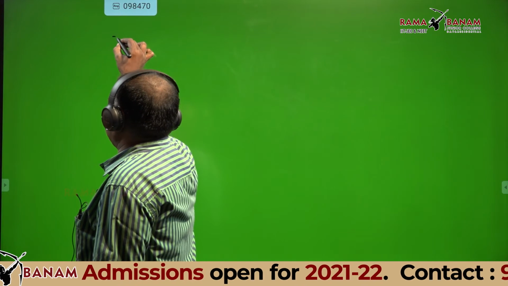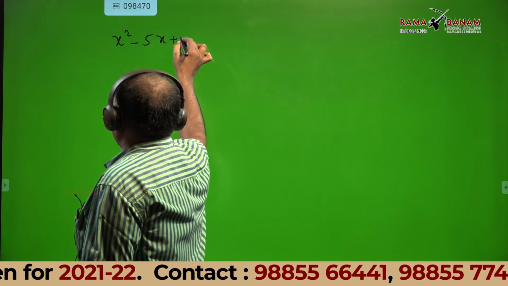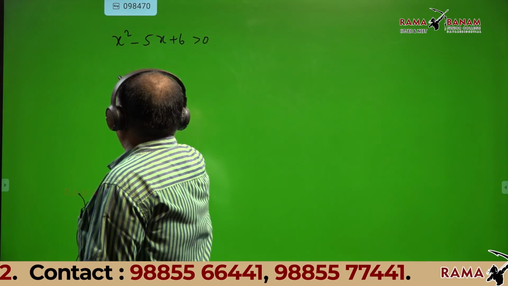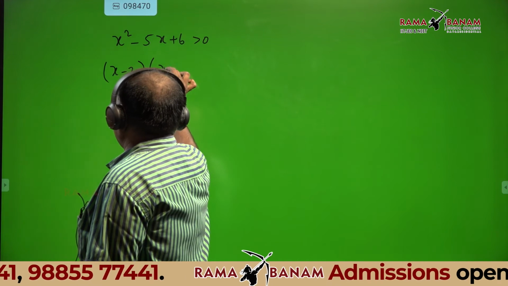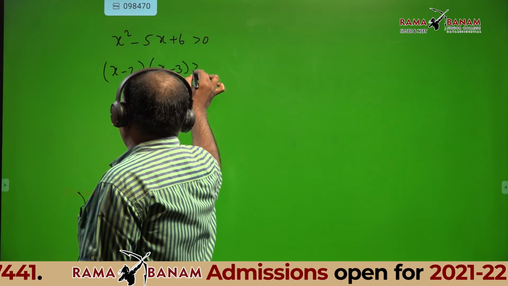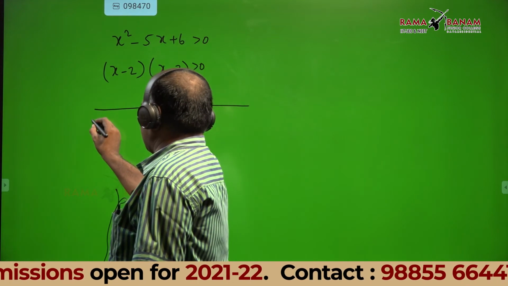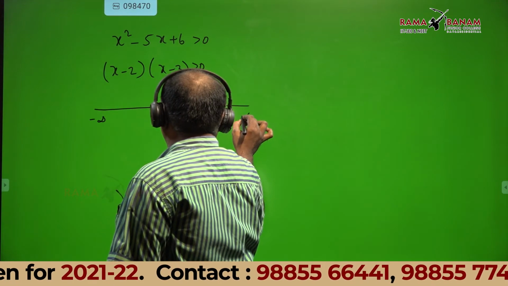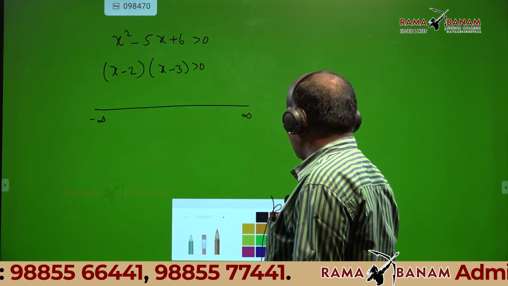Here, x square minus 5x plus 6 greater than 0, that is x minus 2 into x minus 3 greater than 0. Take the number line from minus infinity to plus infinity. Observe, what are the roots?